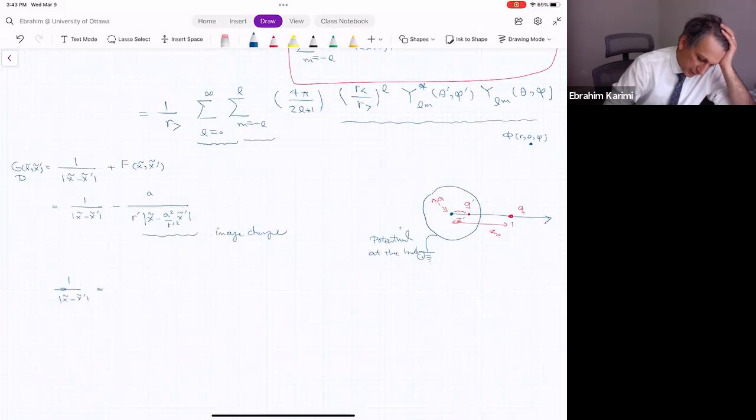We did the expansion, and that is 1 divided by R larger, summation from L equals 0 to infinity, summation of M from minus L to L, then 4 pi divided by 2L plus 1, then R smaller over R larger to the power of L, then Y_LM star of theta prime and phi prime, and Y_LM of theta and phi.